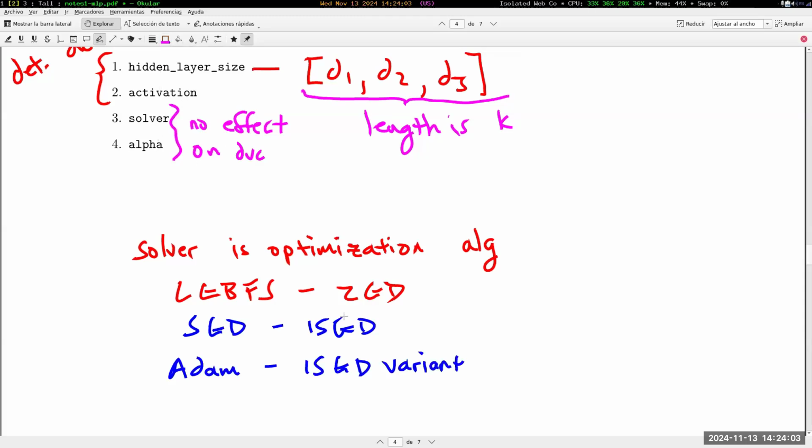In practice, nobody uses L-BFGS. Nobody uses second-order gradient descent for neural networks in any situation. People only use SGD or Adam, SGD here being the default.